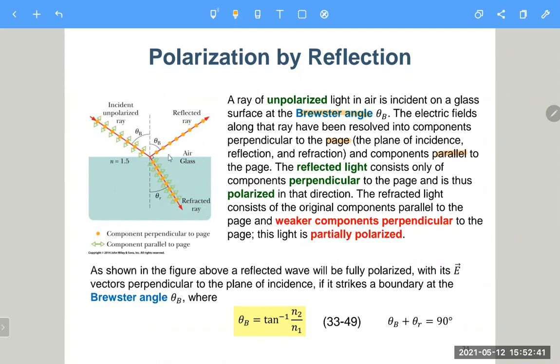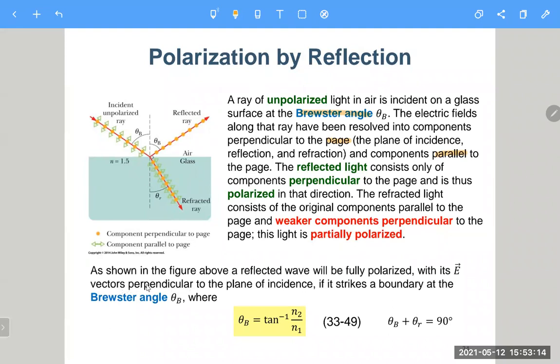It doesn't mean that it is perpendicular; that is not the case. It only means that part of the E field perpendicular to the plane is reflected, and part can still go through the surface and be refracted by the glass.